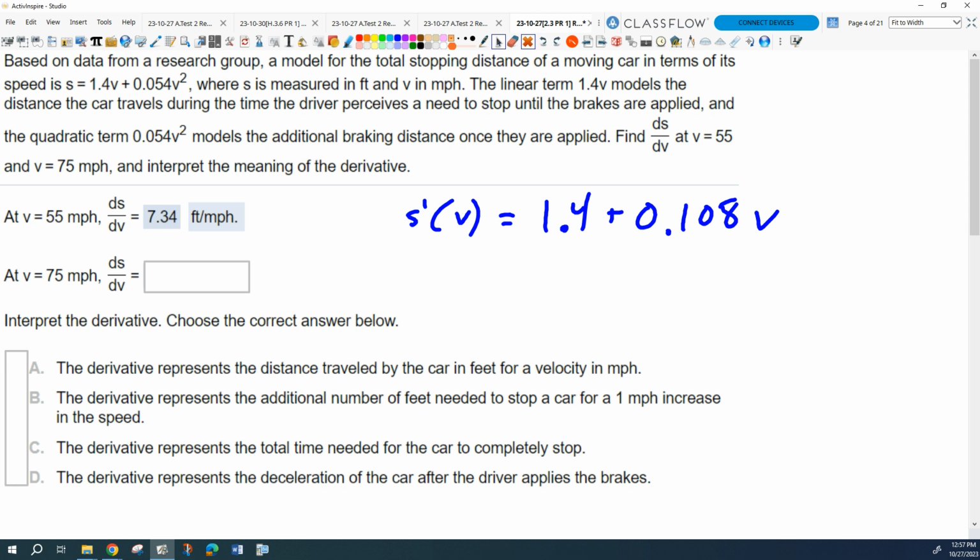If I plug in 75, I would get 9.5. Okay, why is that important? What's that telling us about what's happening at 55 versus 75?